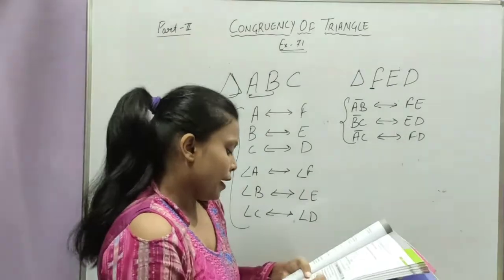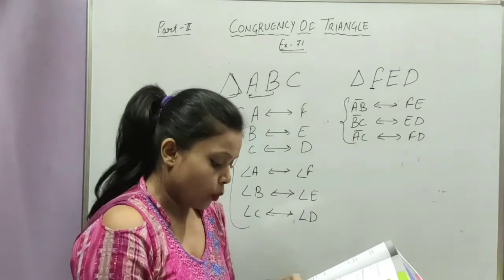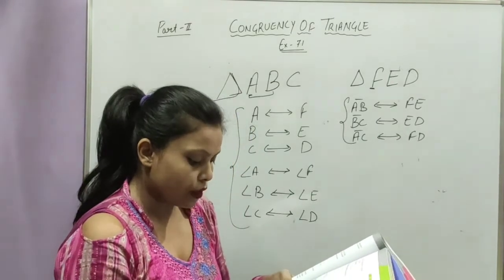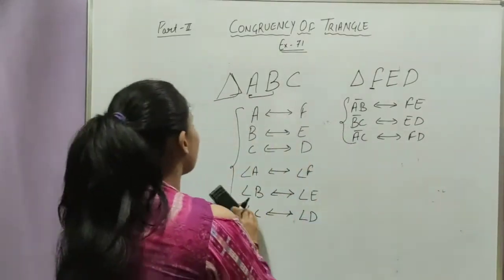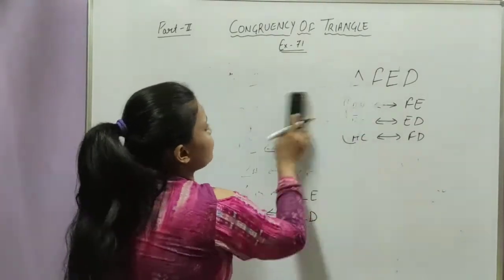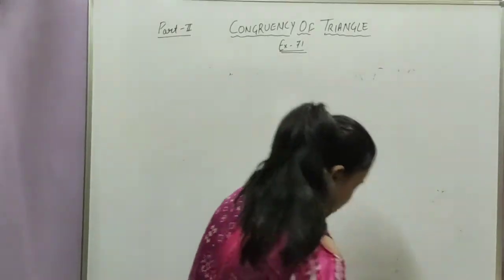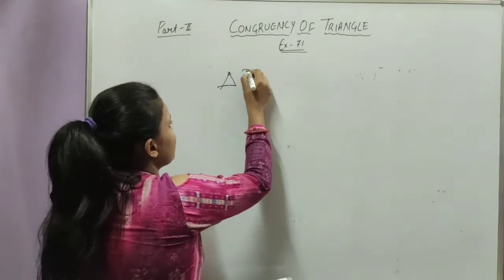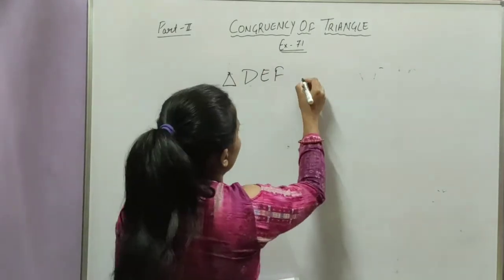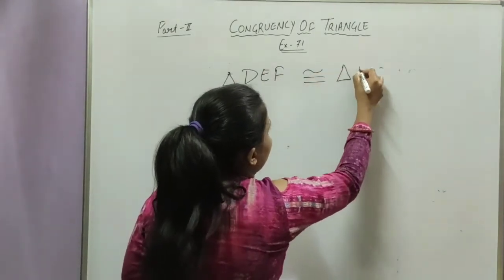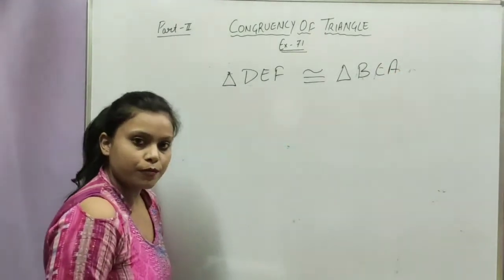Question number 4. If triangle DEF is congruent to BCA, write the parts of triangle BCA that correspond to these. Okay, so we are given two triangles. What are these two triangles? Triangle DEF, which is congruent to triangle BCA, right?